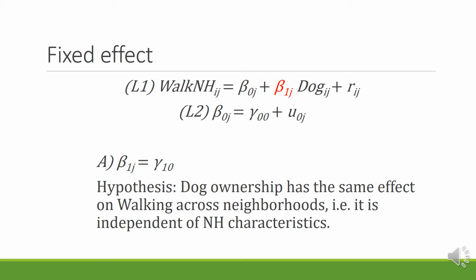The hypothesis that matches this model is that dog ownership has the same effect on walking across neighborhoods. Or in other words, it is independent of neighborhood characteristics. So owning a dog gets you to walk more by a certain amount, gamma 10, and we hypothesize there's nothing else going on that might create some variation.